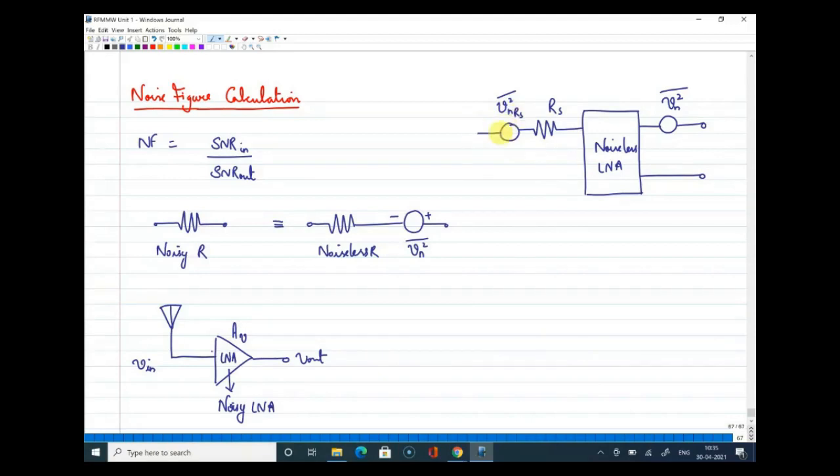So the antenna is having a resistance, and that resistance is a noisy one. That is represented as a noiseless resistance and the noise voltage source in series. Similarly, this noisy LNA is also represented as a noiseless LNA in series with the voltage source.